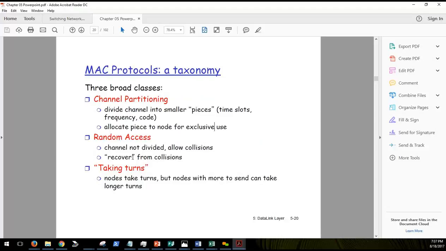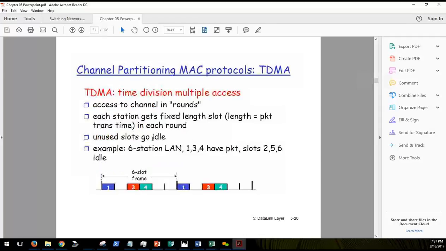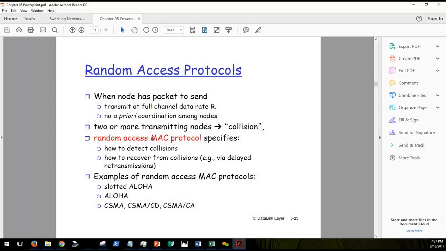Slotted Aloha, Aloha, CSMA, CSMA CD, and CSMA CA. See, here they are, right here.